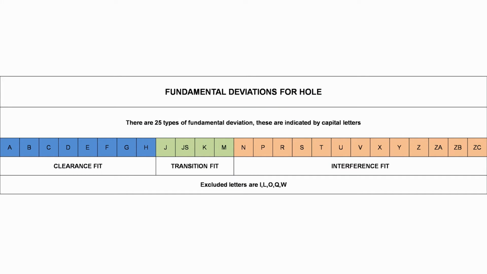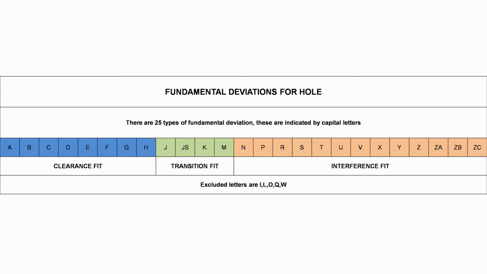Fundamental deviations for holes. Capital letters from A to H will be used for clearance fit. Letters capital J, JS, K, M will be used for transition fit.